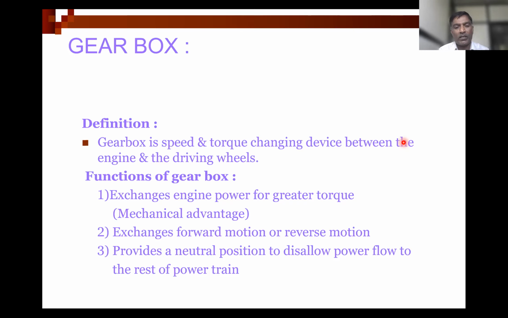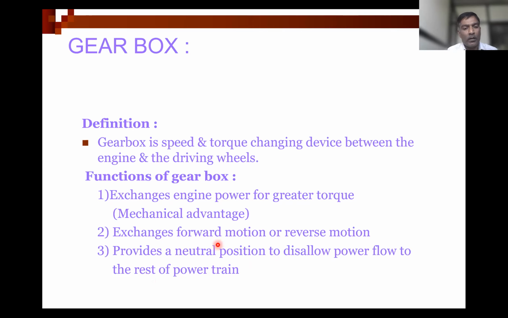So it exchanges forward motion or reverse motion. For the vehicle, you might have seen 5 forward and 1 reverse, and that is facilitated with the help of the gearbox. It also provides a neutral position that will disallow power flow to the rest of the power train.